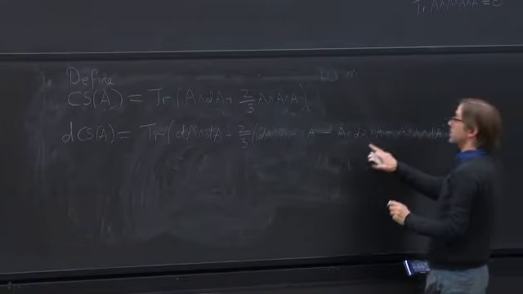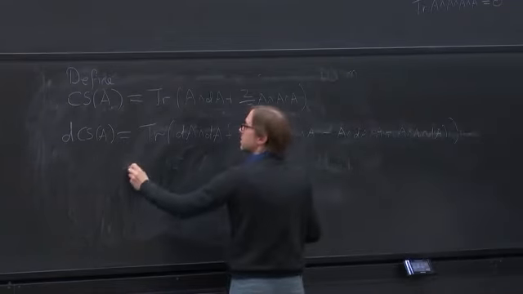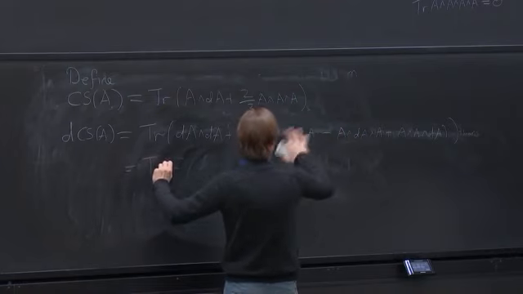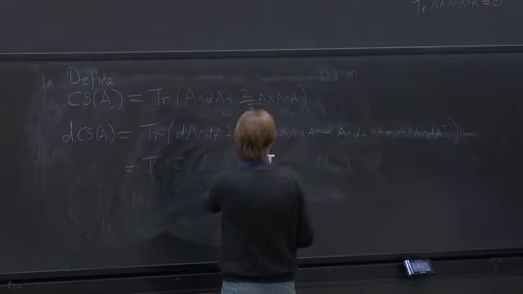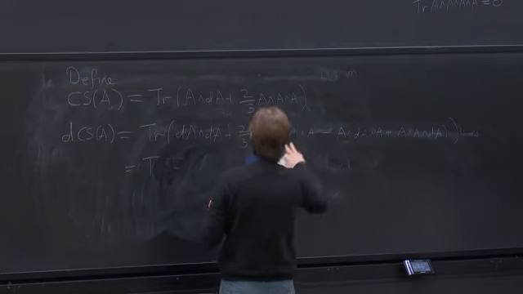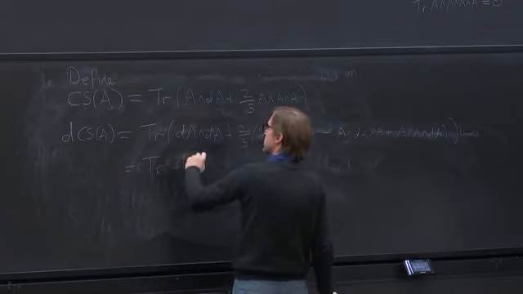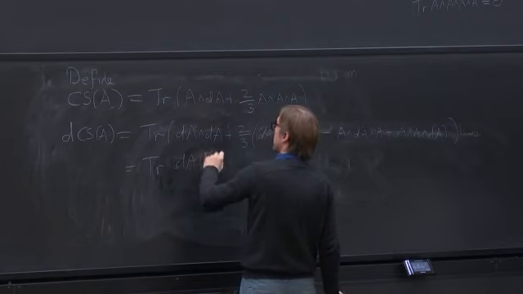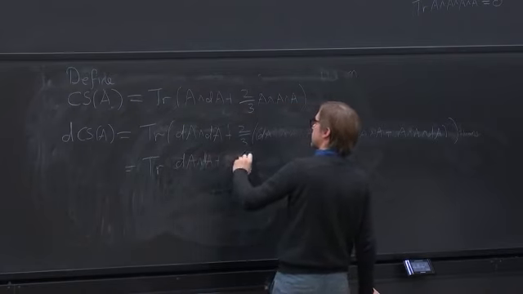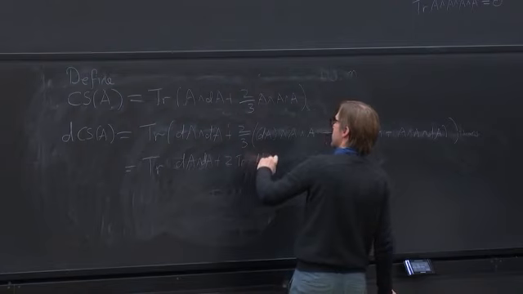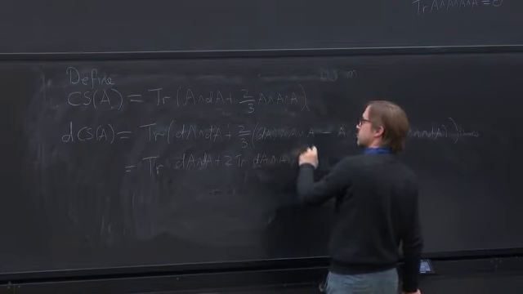And these three terms are all the same by cyclic symmetry of the trace, with the signs from wedging. So that gives trace dA wedge dA plus 2 trace dA wedge A wedge A.